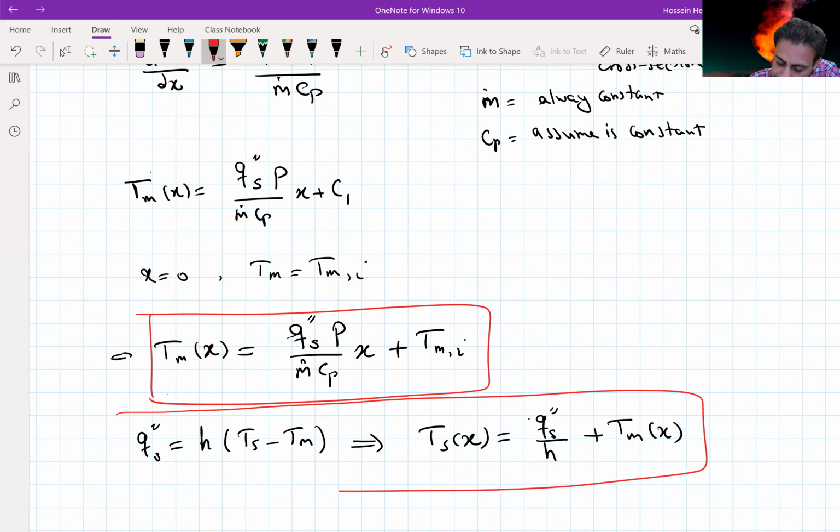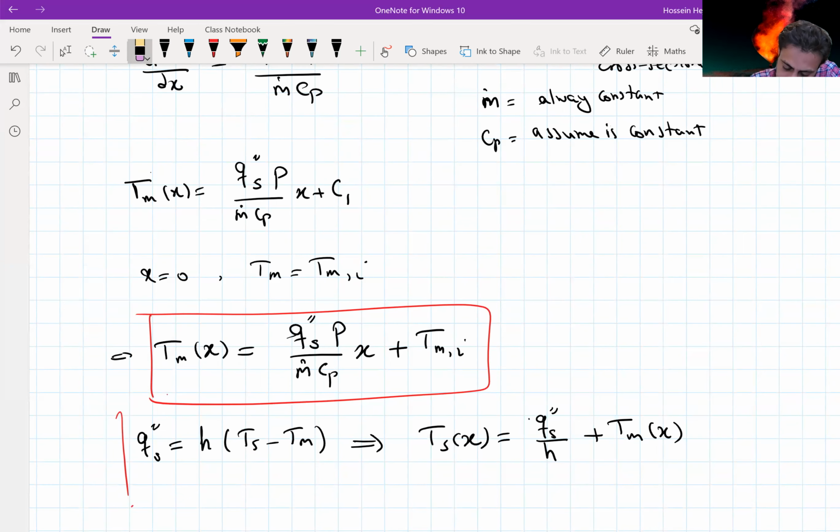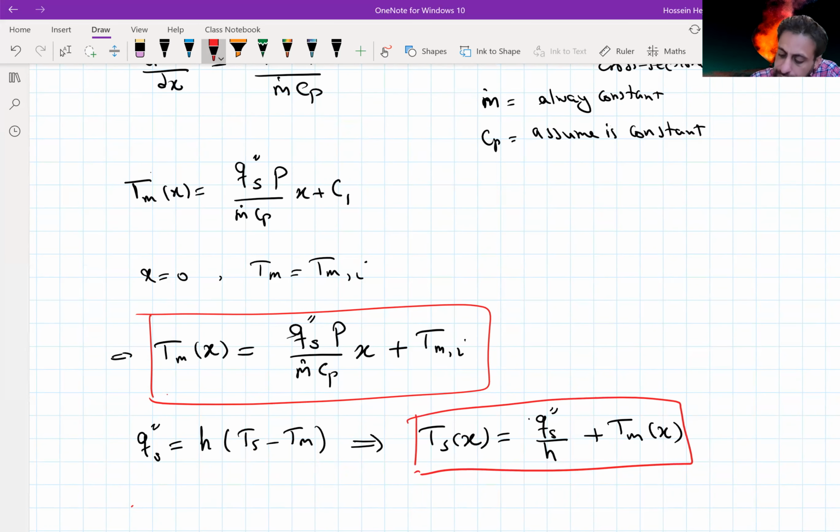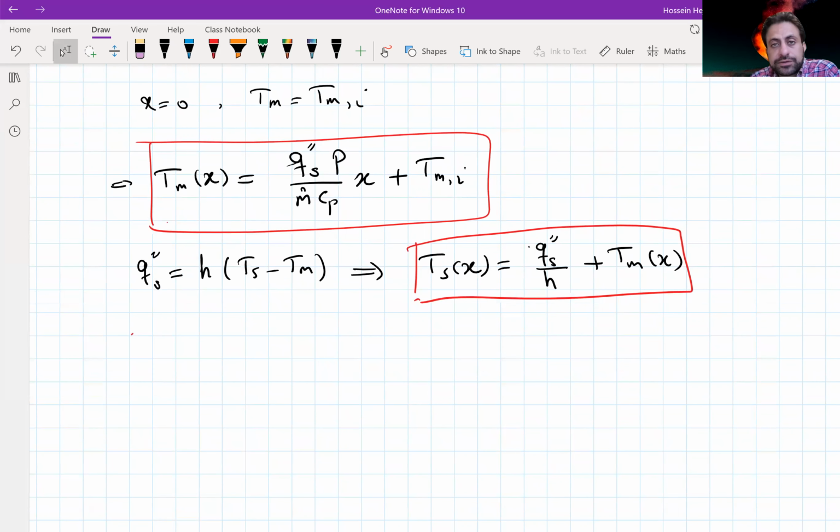So through this energy balance equation, I can get the mean temperature of the fluid and the surface temperature.